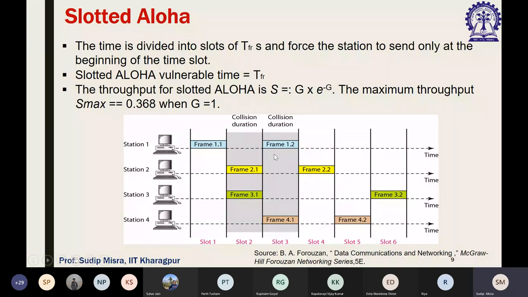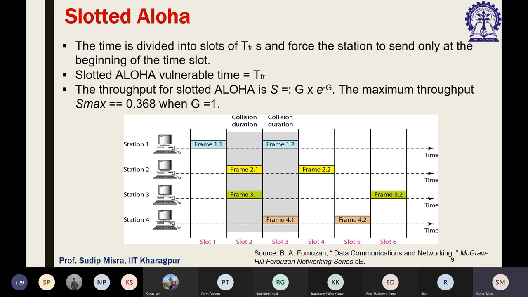The time is divided into slots of TFR, which is the time duration of a particular frame, the frame duration. So this is TFR, this is TFR, this is TFR, like that.